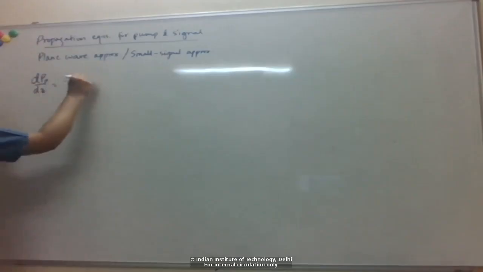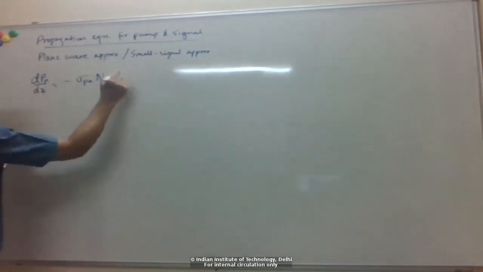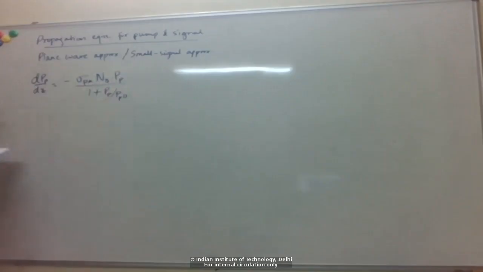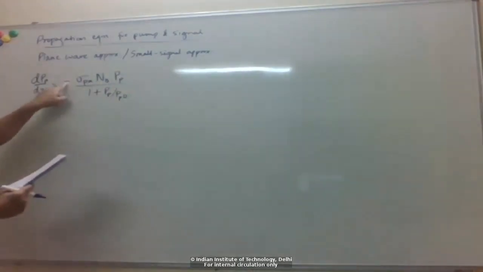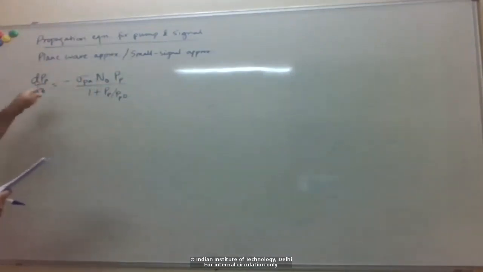Under these approximations we derive this equation. So for the pump, the equation is like that. Because you can see this is a minus sign, the pump gets attenuated as it's propagating.